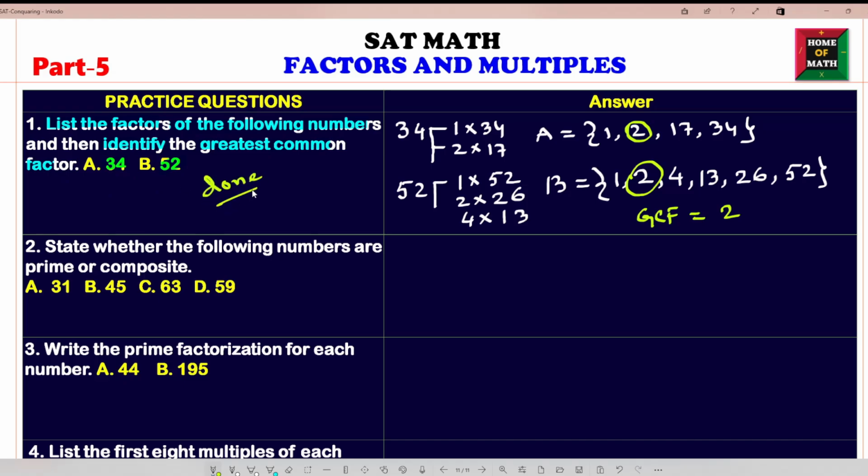Number 1 done. Number 2, state whether the following numbers are prime or composite. First, 31 is a prime number, right? Because once we factorize we will get only 1 and 31. 45 is a composite number.